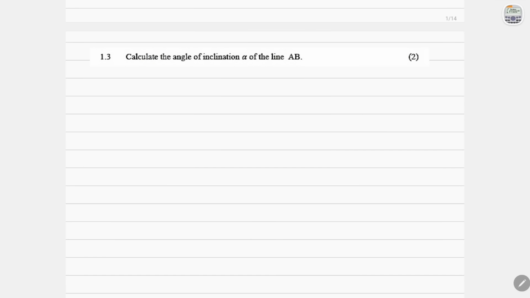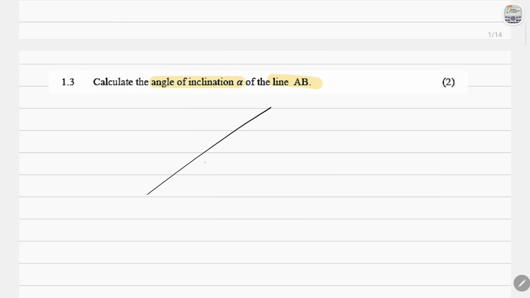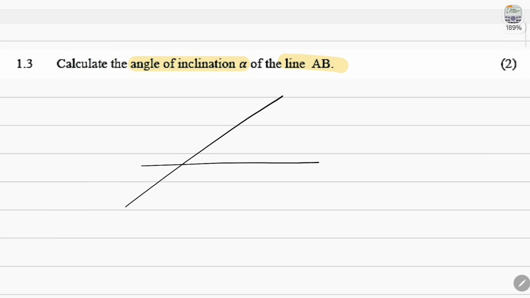Question 1.3 says we need to calculate the angle of inclination, alpha, of the line AB. Okay, so to find the angle of inclination of a line, remember that is the angle that the line creates with the x-axis. To find that, we need the gradient of this line.